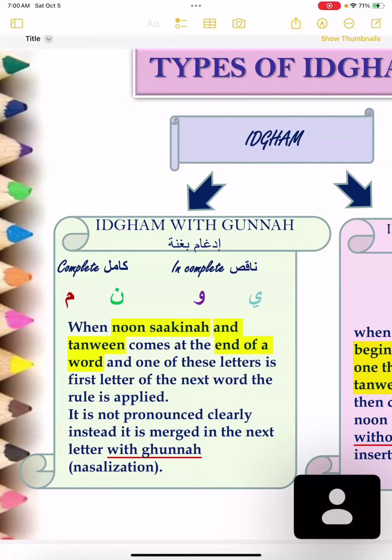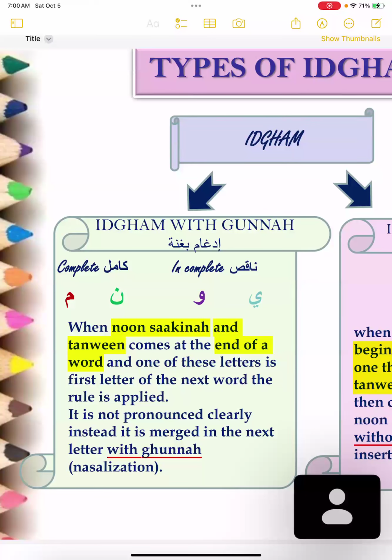When Noon Sakin and Tanween come at the end of the word, and one of these letters is the first letter of the next word, that is, if you have a Noon or a Mim following a Noon Sakin or a Tanween, then this Idgham is a Kamil Idgham, meaning there is a complete Ghunna here.